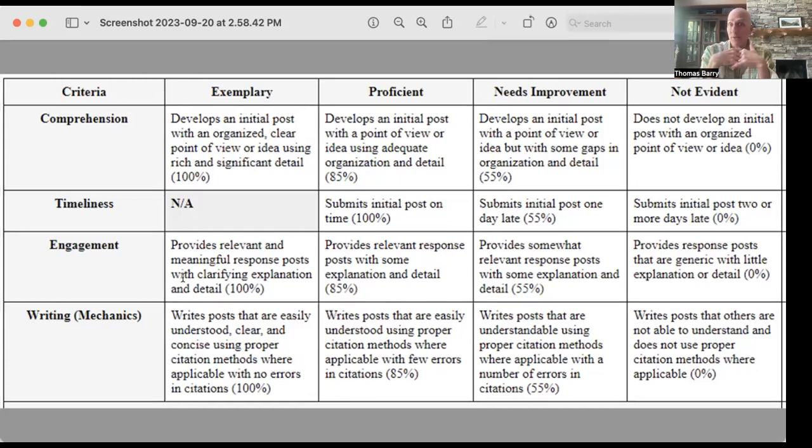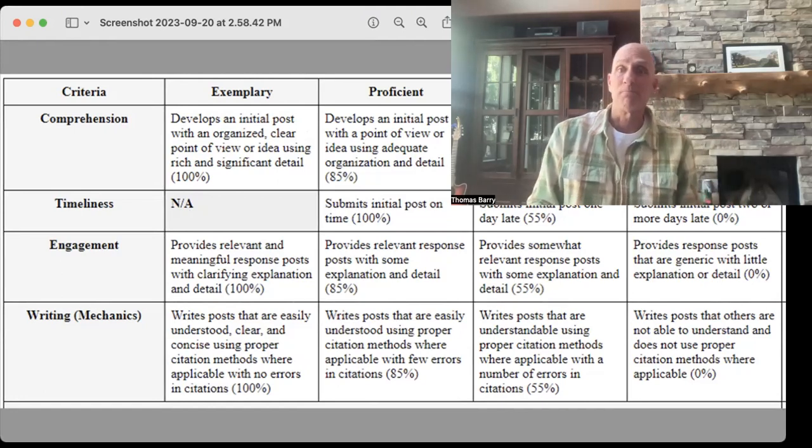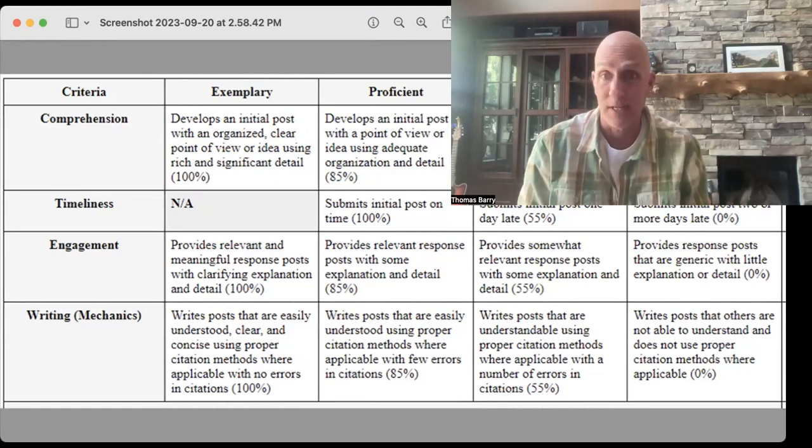And as I mentioned, have a question for the original creator of the post, to facilitate. The person may not respond to that, but at least it provides an opportunity and a space for someone to respond to your question. And then general writing mechanics, so that it's clear and understandable. If you're citing sources, bring those in there, whatever it may be.